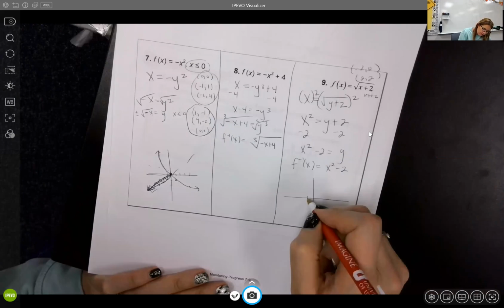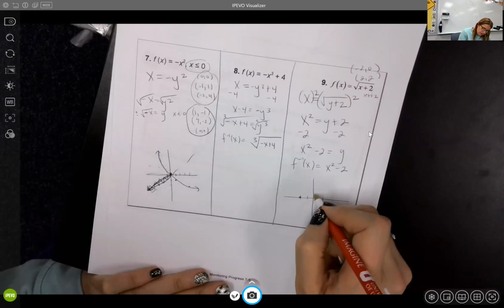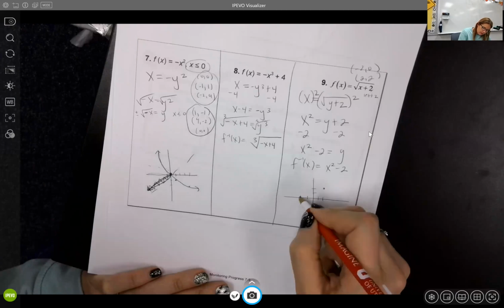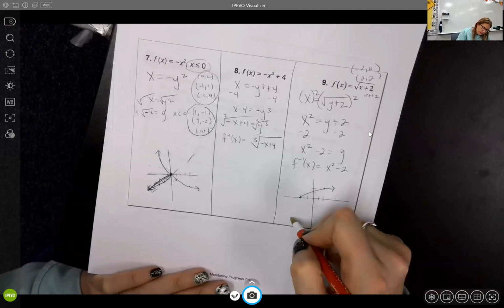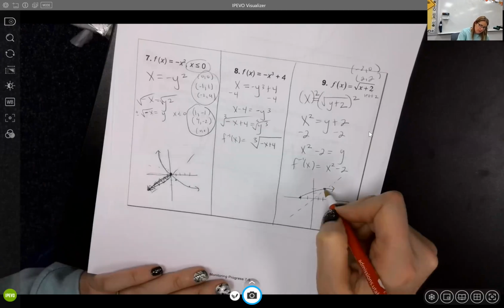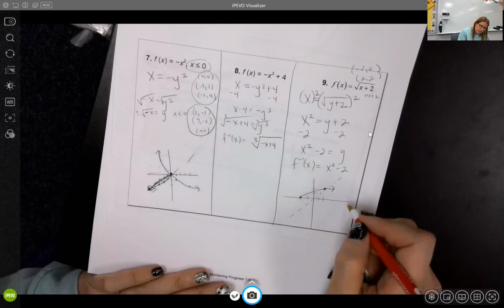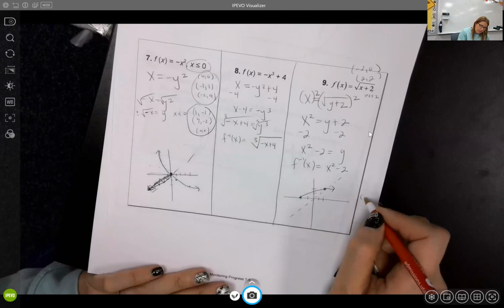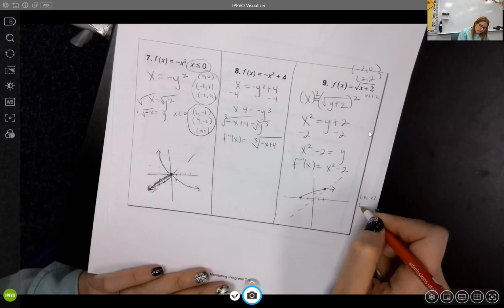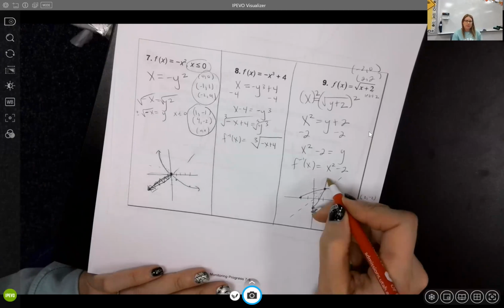So negative 2, 0, positive 2, 2. Okay, so that's our graph. This is y equals x. It would actually go right through that point, 2, 2. So my inverse is going to be 0, negative 2, and then 2, 2. So it's going to be like that.